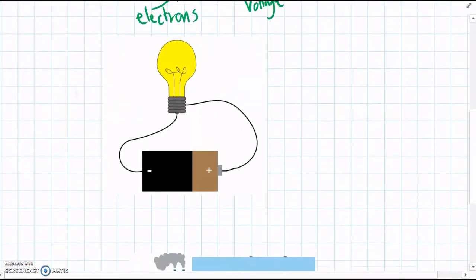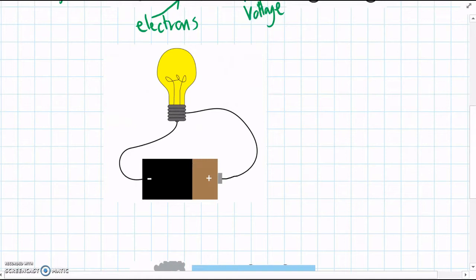So let's look at an example circuit to see what happens with voltage and how electrons actually get that energy. So here's a really simple circuit again. We've got our power source, which is a cell, not a battery, because that's more than one cell joined together.